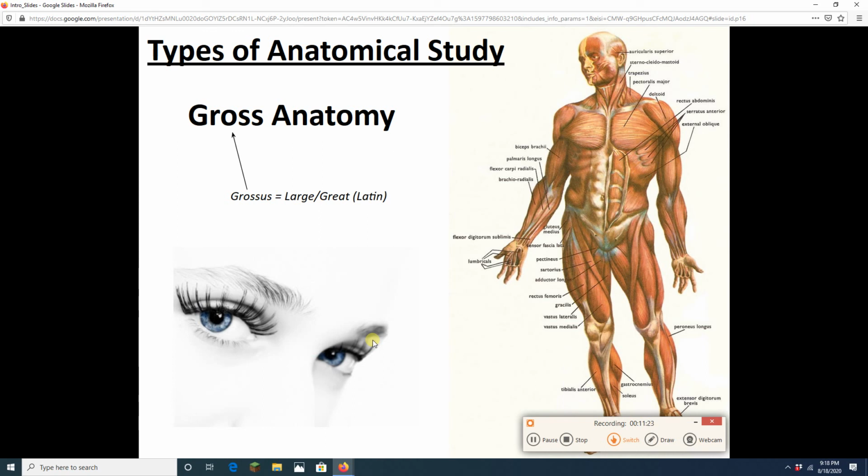In other words, things that we can see with our naked eyeballs. If we're using our naked eyes to look at things and studying their structure, then we are doing gross anatomy. All right, we're going to do a lot of gross anatomy this semester. Yes, we will. It'll be gross always and sometimes.